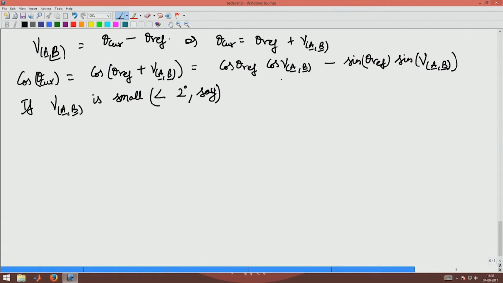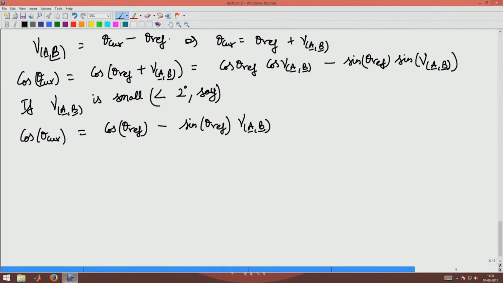For small values, it will be close to 1. So cos of theta current would be cos of theta ref minus sine of theta ref times gamma A comma B.